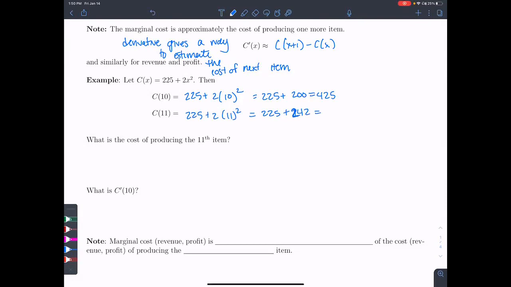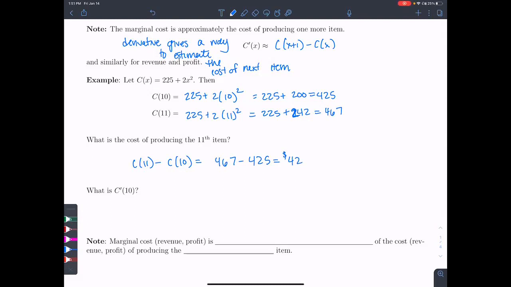So 225 plus 242 is 467. So the actual cost of producing the 11th item, going from the 10th to the 11th, is C of 11 minus C of 10, which would be 467 minus 425, which is $42. So to produce the 11th item, they will have to spend $42 more.